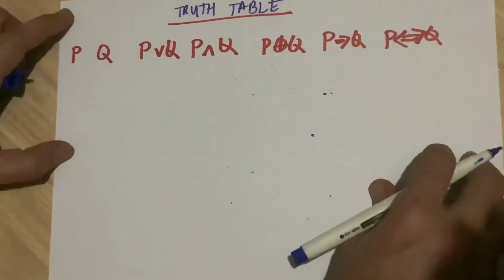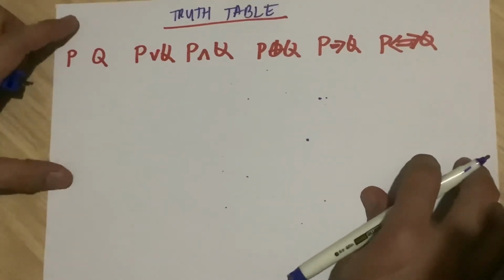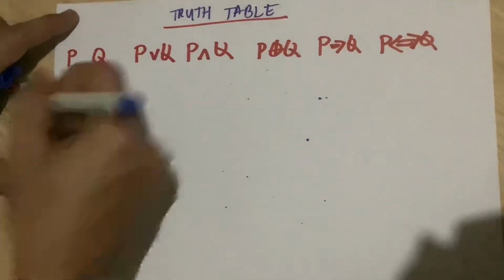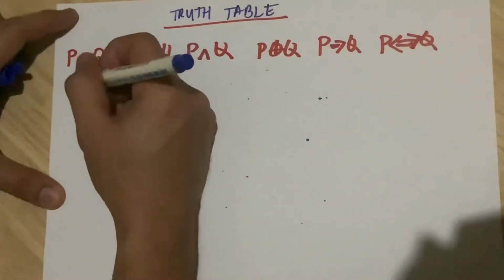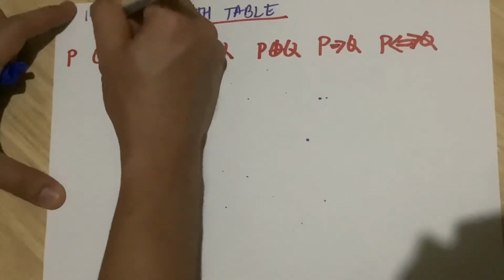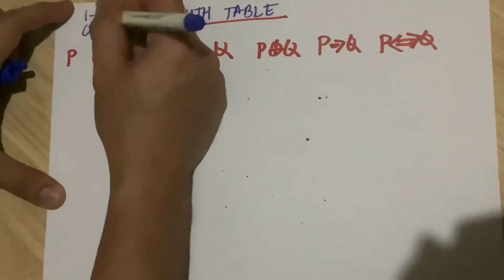So, let's have the truth table. Okay? This time, we will also fill in all the values of the truth table. We will represent 1 as true and we will represent 0 as false.